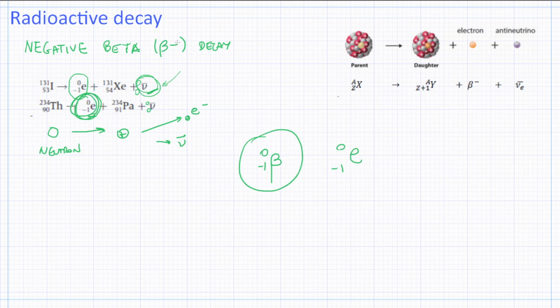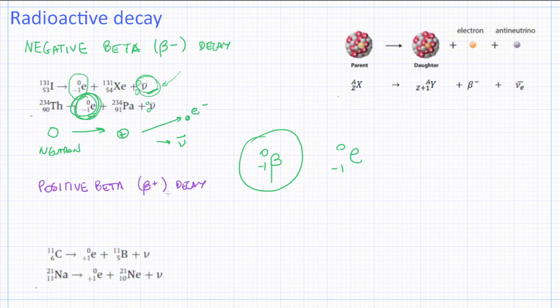There's also positive beta decay. So the difference now to the positive beta decay is that instead of shooting off an electron and an antineutrino, we will have a positron and a neutrino.